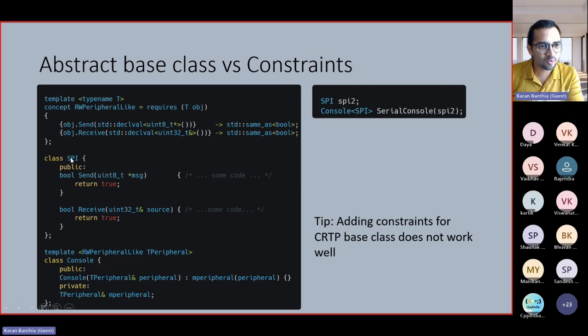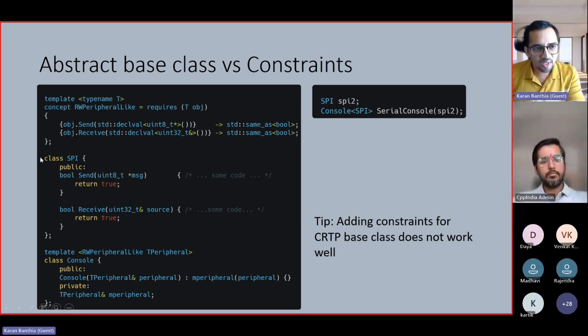Suppose I have an SPI, and I want it to be a read-write peripheral. A read-write peripheral should have a send and receive function. So I would create an abstract base class with send and receive, and let the SPI or UART or I2C, anyone, implement it. Again, this leads to vtables and virtual dispatch, and we don't want it.